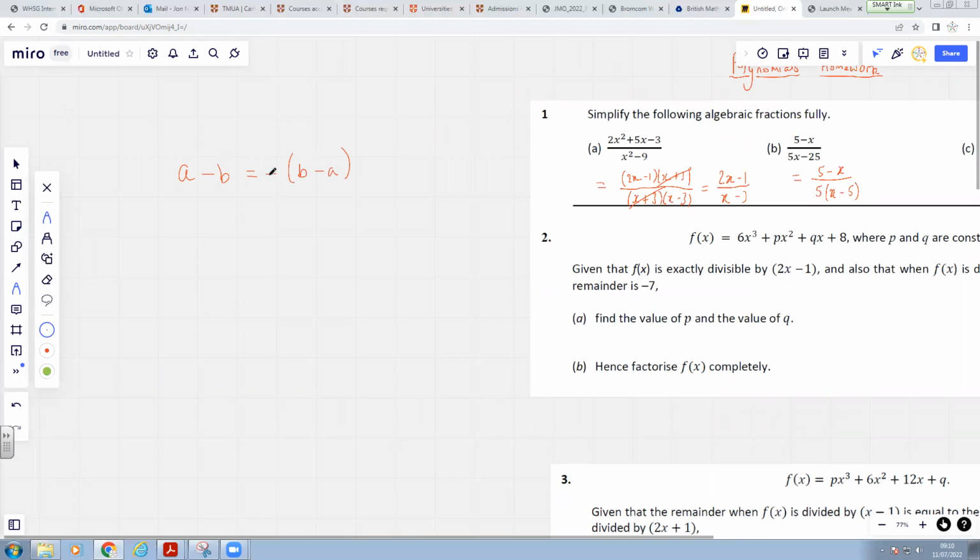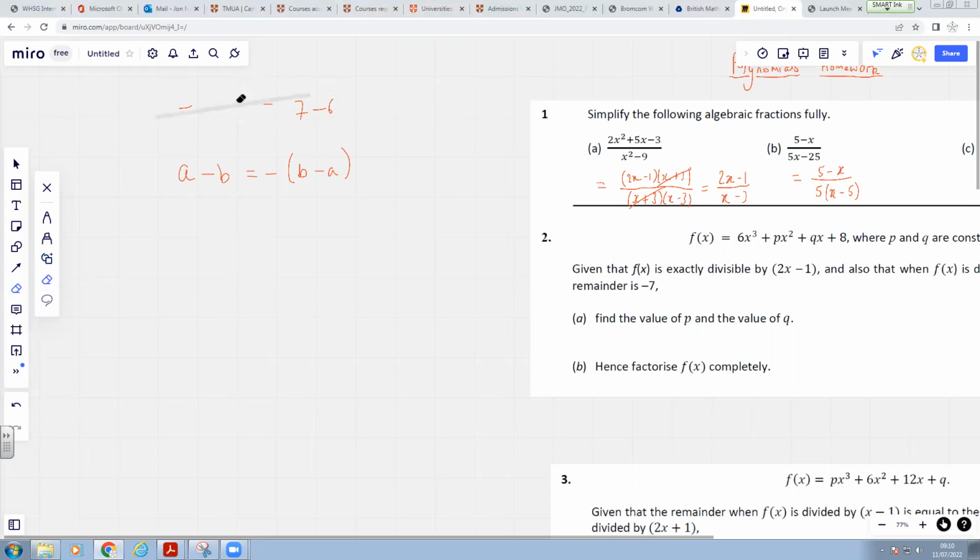Because if I was to apply this negative throughout the brackets, I would get minus b plus a, which is a minus b, because I could just rearrange it. Think of it with numbers. If I did 6 minus 7, that's minus 1, and that is the negative of 7 minus 6. Do you see what I mean? It's minus 1. And that's all we're saying here.